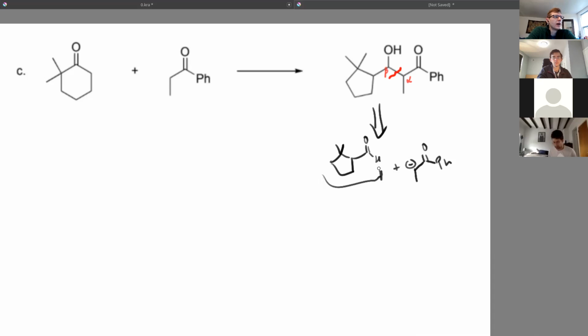Yeah, I think so. Somehow I think we want to break this bond and make this bond. I think that's our goal over here. So we want to do something with the alpha carbon here. Anything from this chapter.